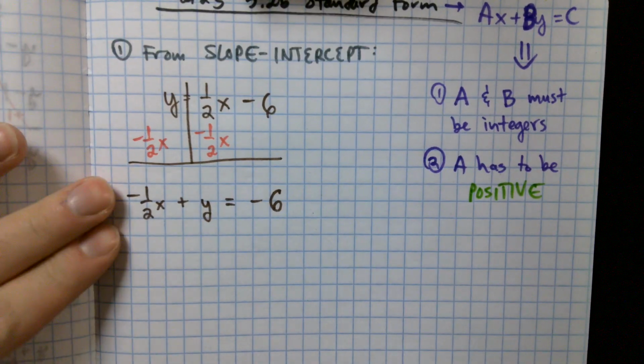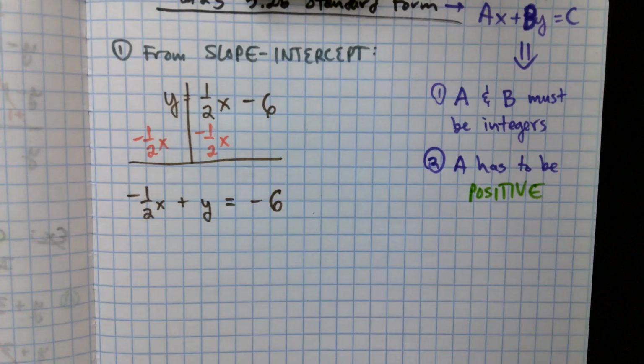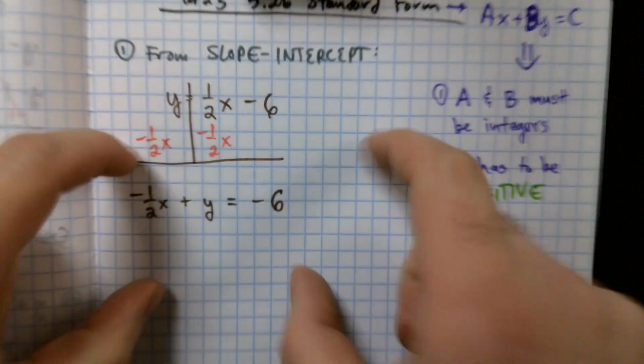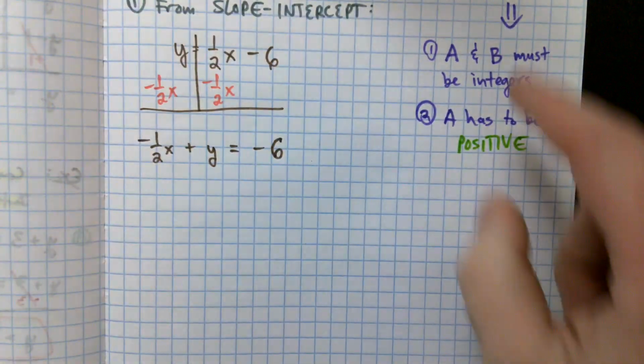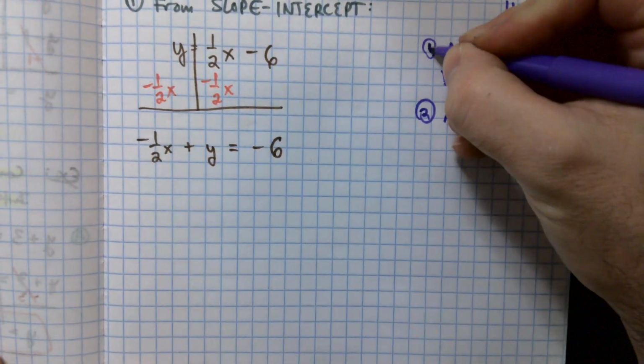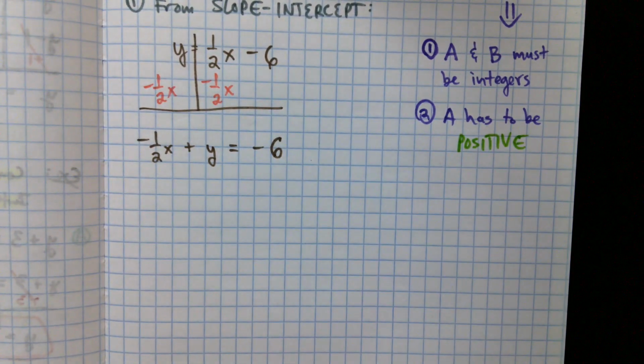So although this looks like a good standard form equation, there's actually two things wrong with it. A is a fraction, which is not an integer, and a is negative, which we do not want. So what can I multiply this whole equation by to fix both of those issues in just one step? -2.